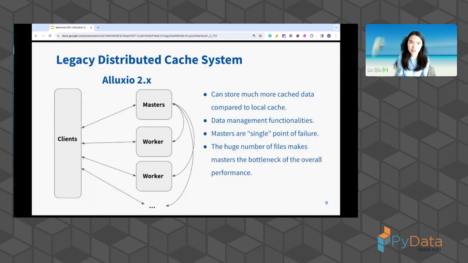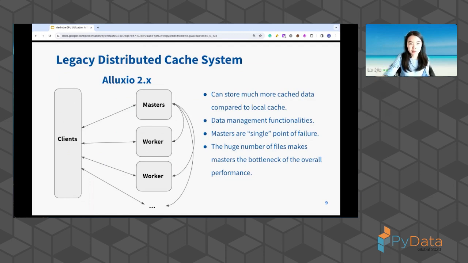So there are also some distributed caching approaches. Basically, we can cache the data in a distributed system, which can store much more cache data compared to the local cache. And this is one of the ways that many caching systems did before. So we have the master and worker architecture.